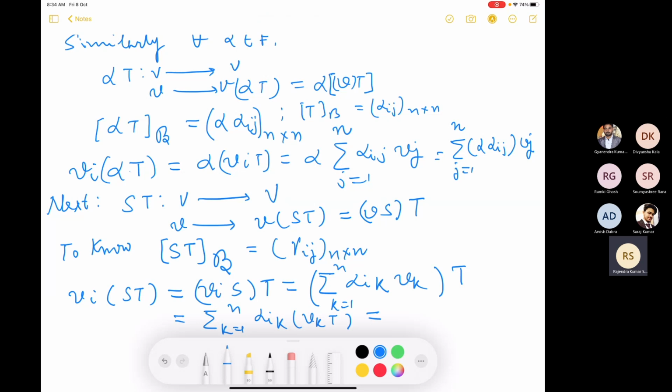Let us assume that the matrix of S is alpha ij, and the matrix of T with respect to the basis B is beta ij. N by n, this is also n by n.